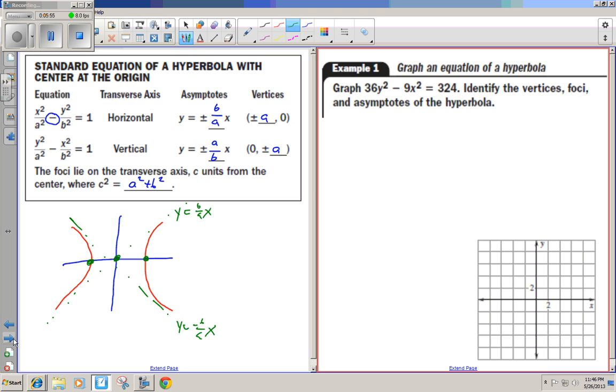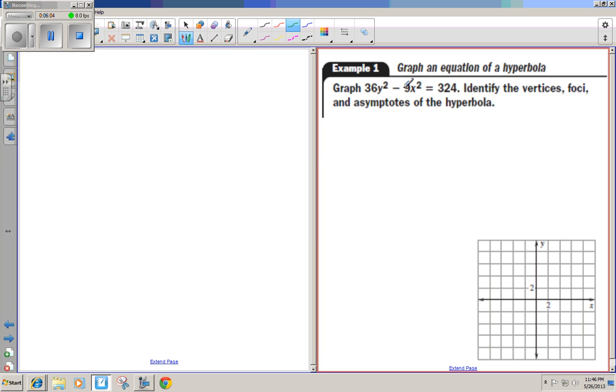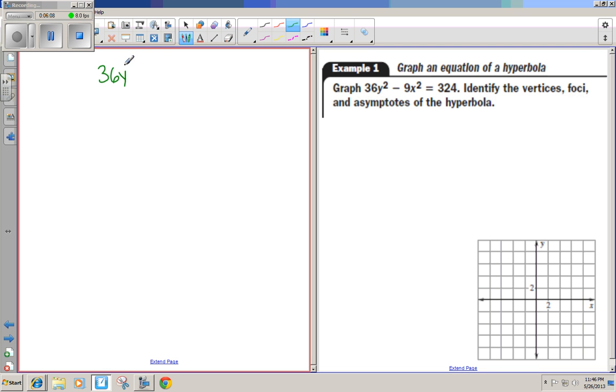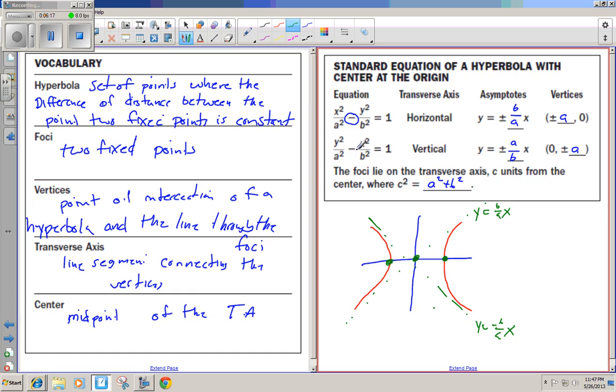This looks identical to something from 9.4. It's identical, except that there's a minus sign. So just like before, I do also want to point out something here. You may not have picked this out.